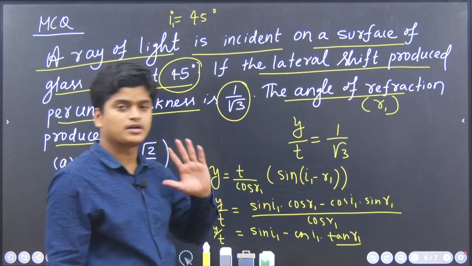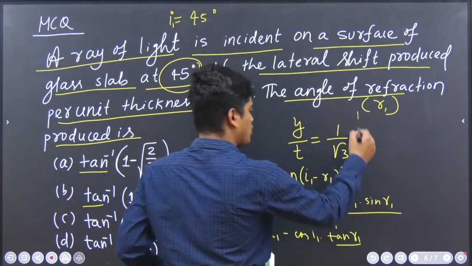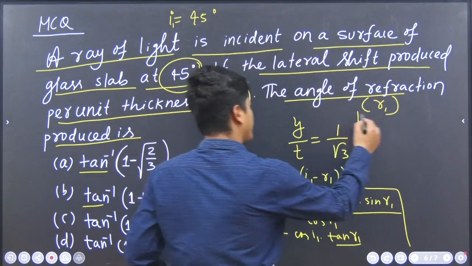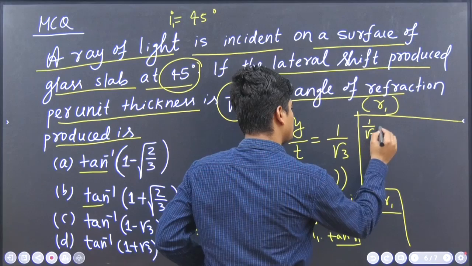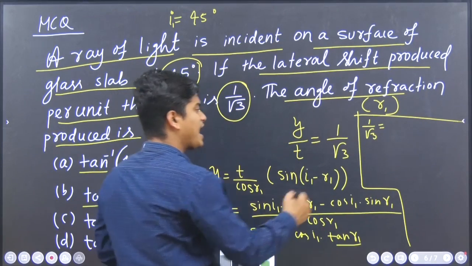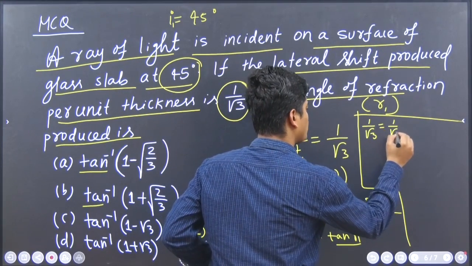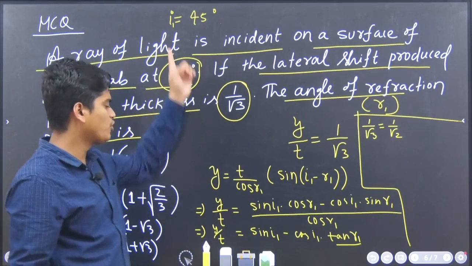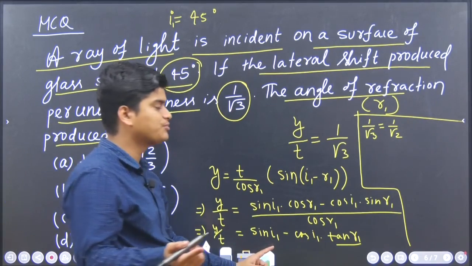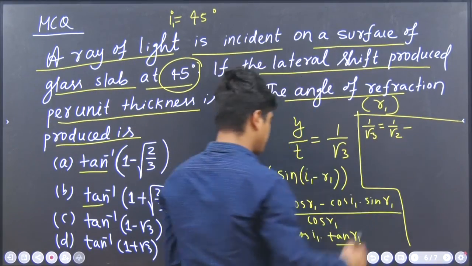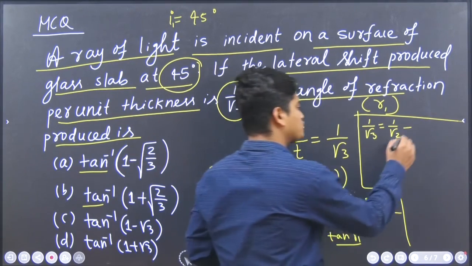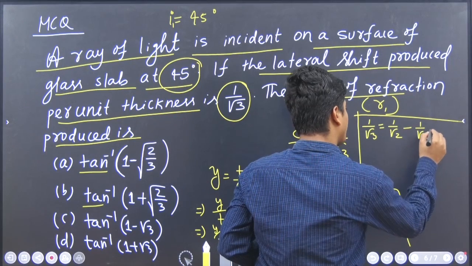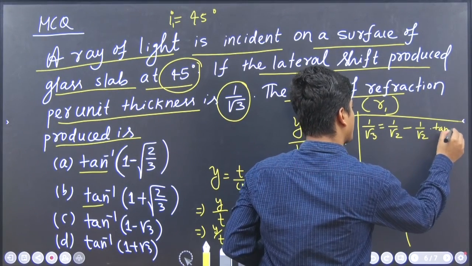Now you need to find r1, so let me solve. Here y by t is 1 by root 3, which is equal to sin I1, that is 1 by root 2, because I1 is 45 degrees and sin 45 is 1 by root 2, minus cos I1, and cos 45 is also 1 by root 2, times tan r1, which I keep as tan r1 because I need to find r1.